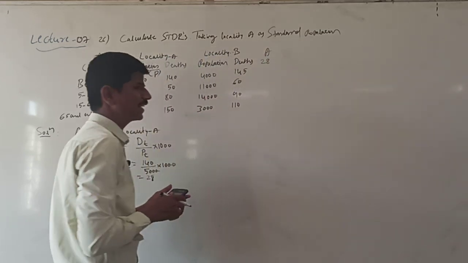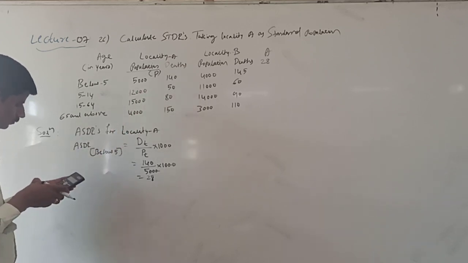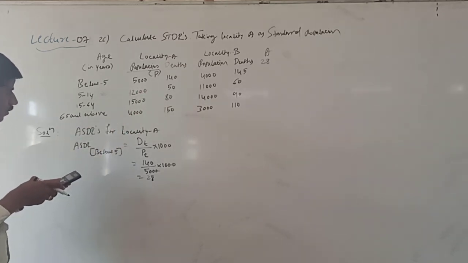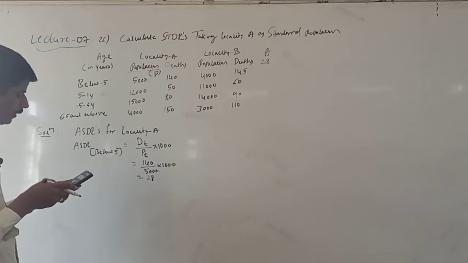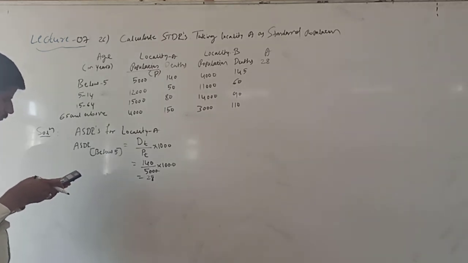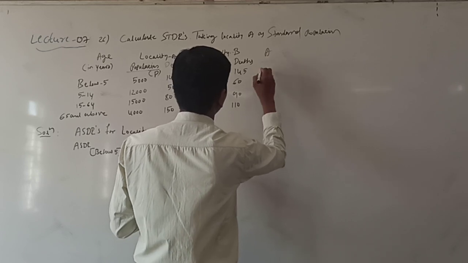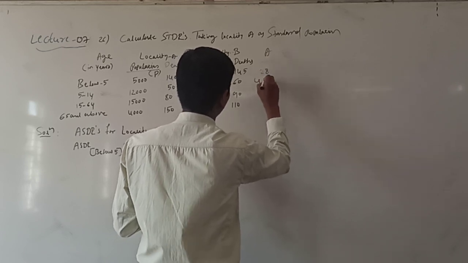Next, calculate directly. 50 divided by 12,000, then we'll get 4.16.